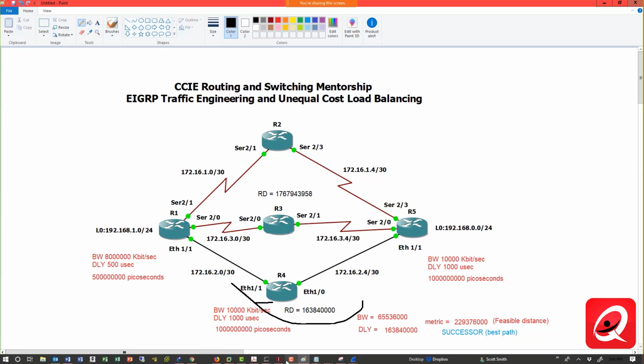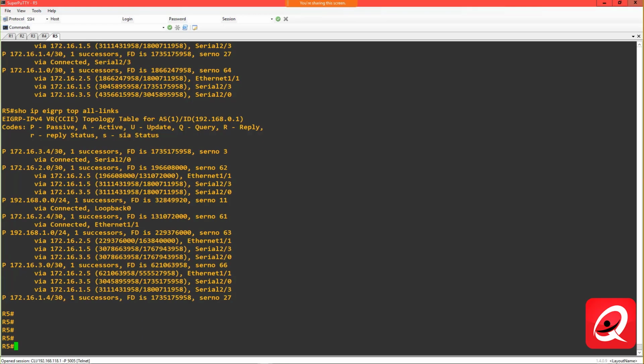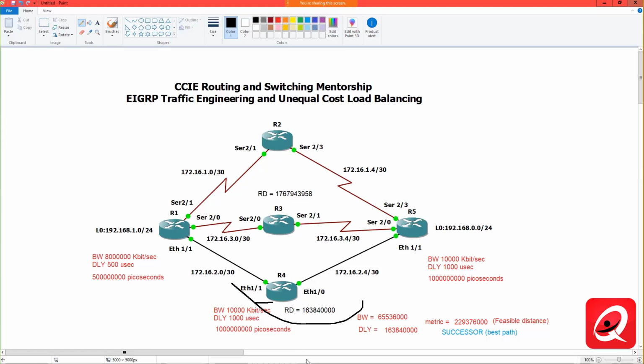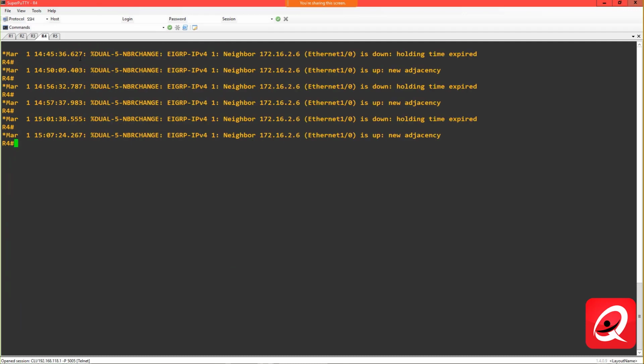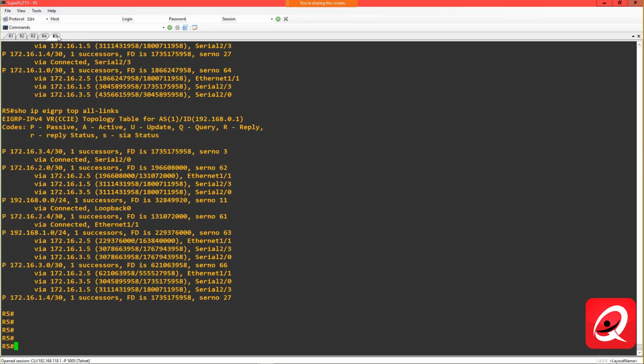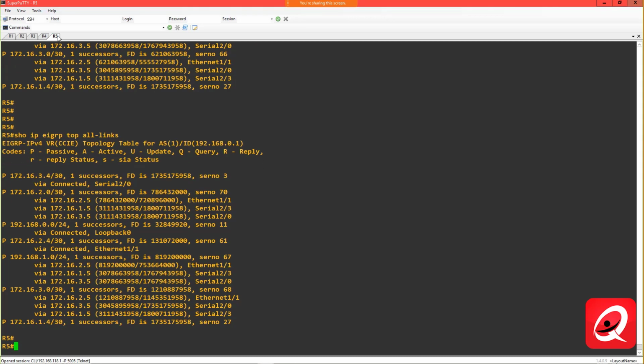So let's go into our router 4, interface Ethernet 1/1, and let's just set the delay. It's 1,000 microseconds right now. We want to make it a little bit closer to 20,000 microseconds. Let's just try 10,000 microseconds. And let's see how that looks from this router's perspective now.